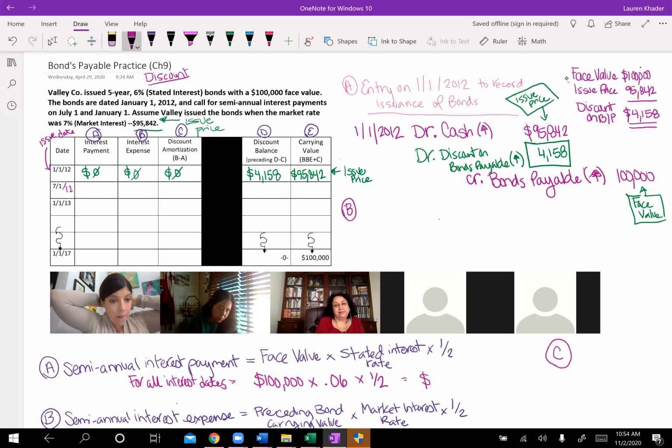So what amount of interest will we be paying out to our bondholders? $3,000. So it's a pretty round number. It's always going to be a pretty number for you.